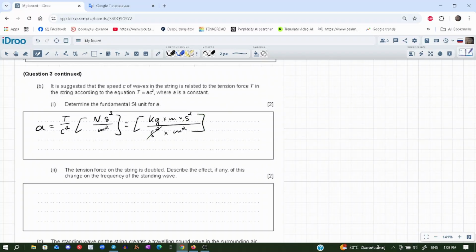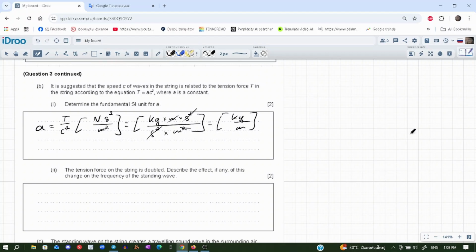We will lose seconds squared, and one of the meters, so we will get just kilograms per meter. Okay, this is just the linear mass density of the string. So this is the fundamental SI unit for A, kilograms per meter.